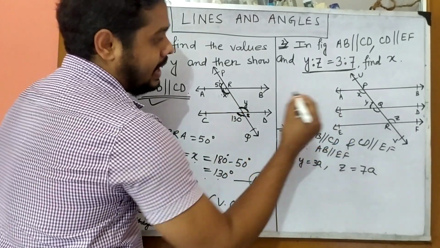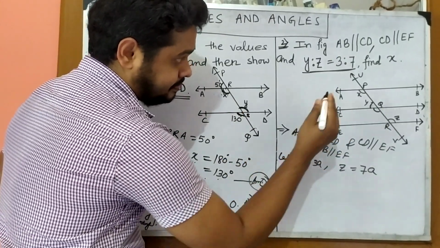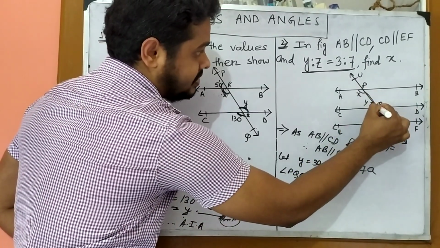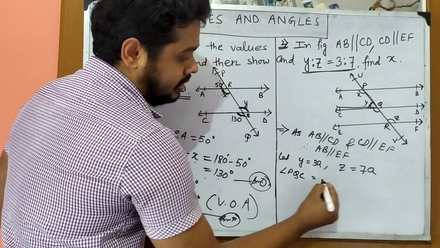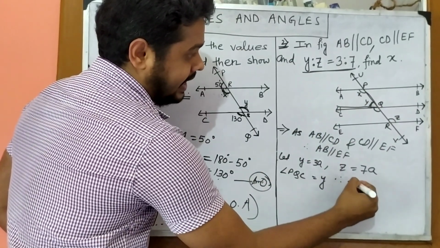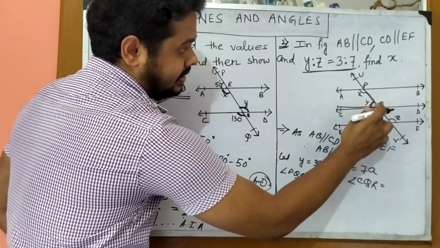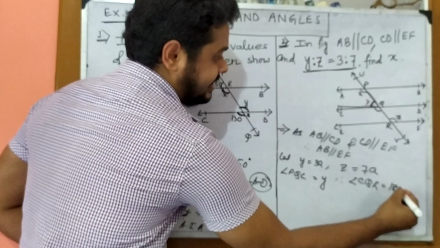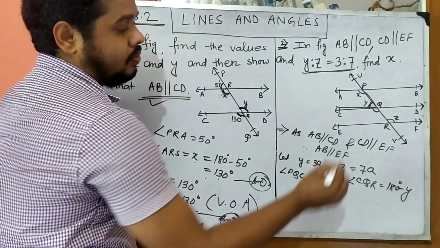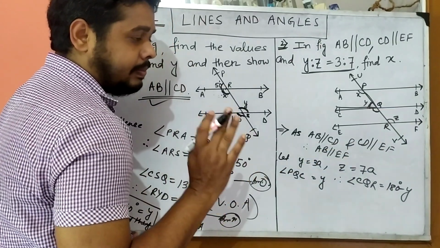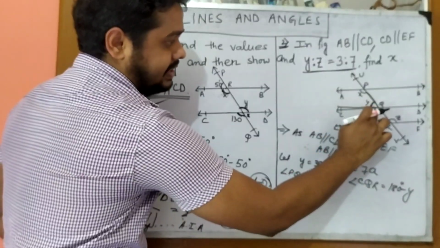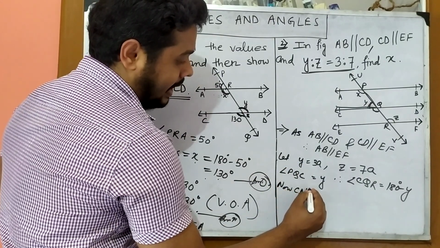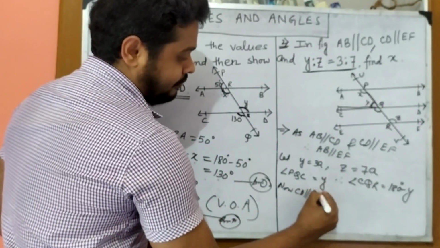Okay, small a. Now angle PQC, this one is y. Therefore angle CQR will be 180 minus y. Why? By angle sum property. This one is y and this one will be 180 minus y. Now CD is parallel to EF.